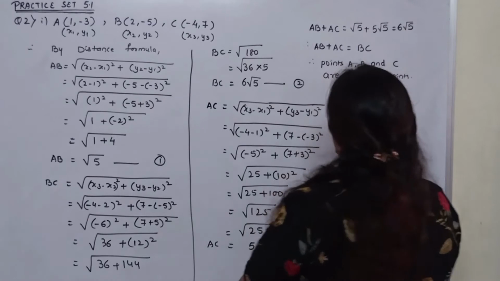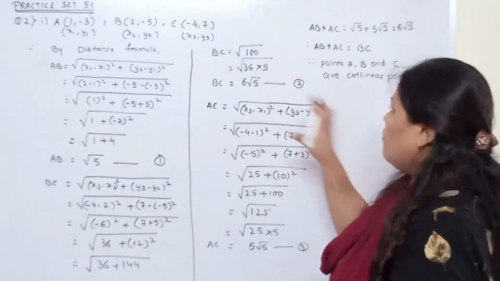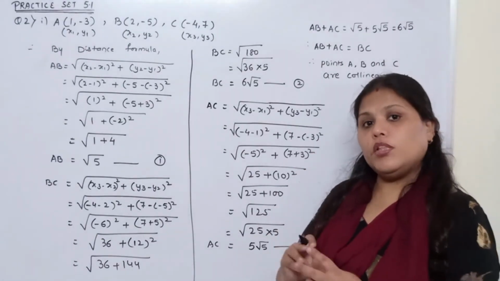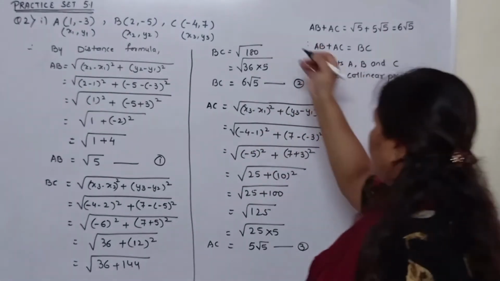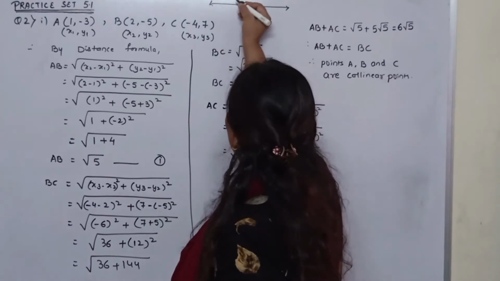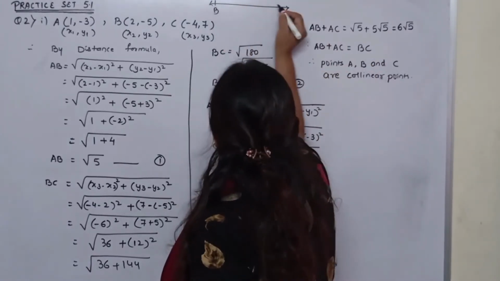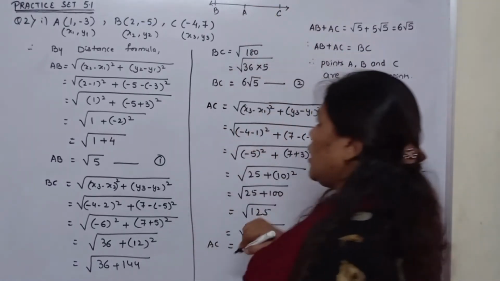Right? We can move ahead in the same question. It can even be asked like this: if the points are collinear, then which point is between the other two? Okay? So what you can do after this, we can draw one line and we can check. Now, the biggest is BC. So I'll mark BC first, and A is somewhere between B and C. Right?